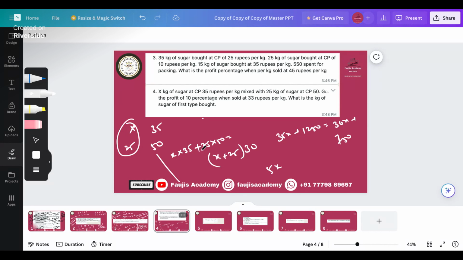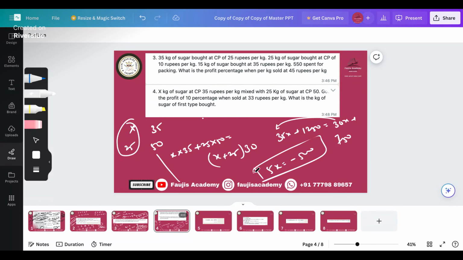So 35 into x plus 25 into 50, and on the other side x plus 25 into 30, which is 750. I'm pretty sure you are getting the logic. If you take it to this side, it will become minus 500.